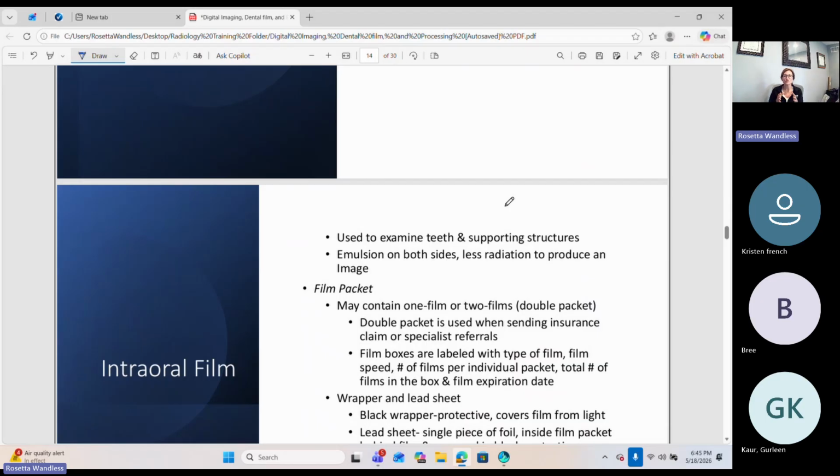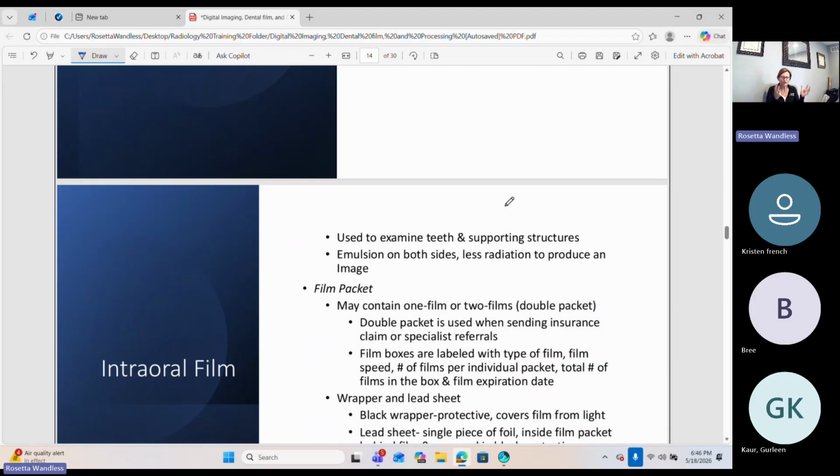So when it gets hit with that electromagnetic radiation, it gets excited and it almost stains it. It attracts that radiation right to those silver crystals and impregnates that image in that emulsion onto the plastic, onto the image itself. Okay, that's just layman's terms for what's going on there.